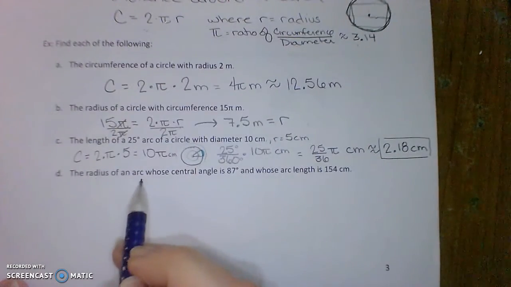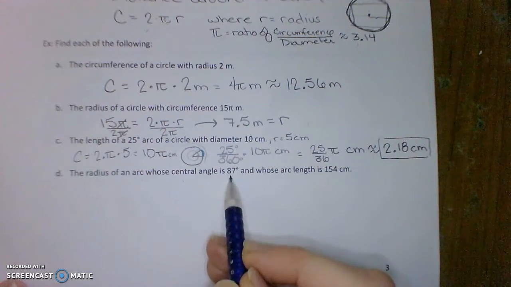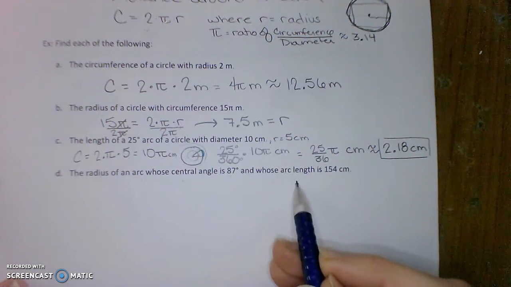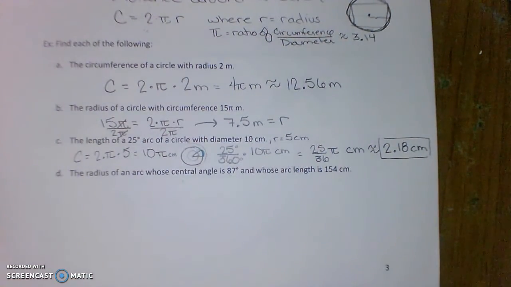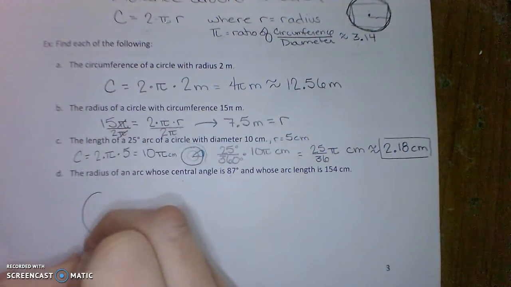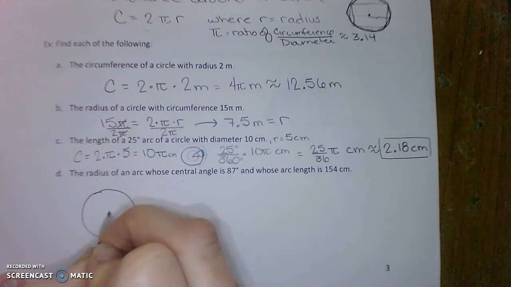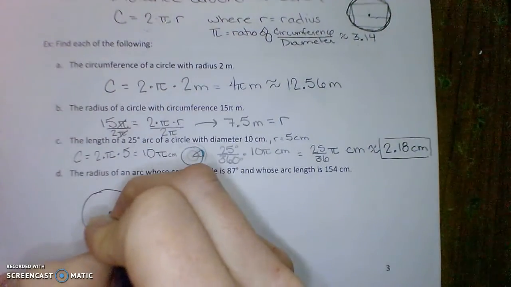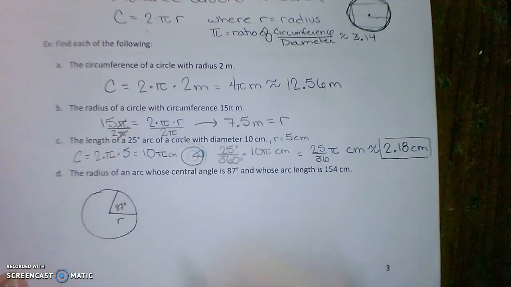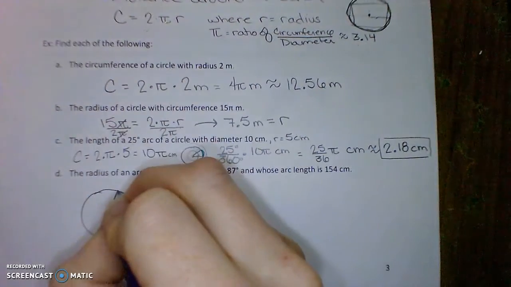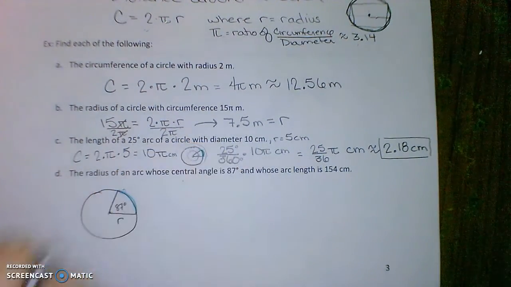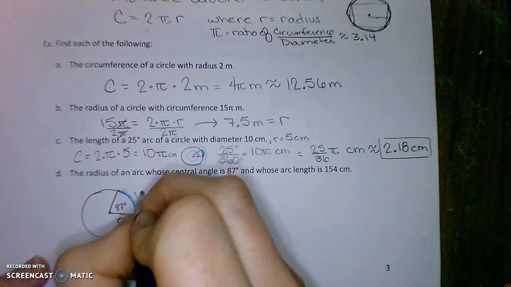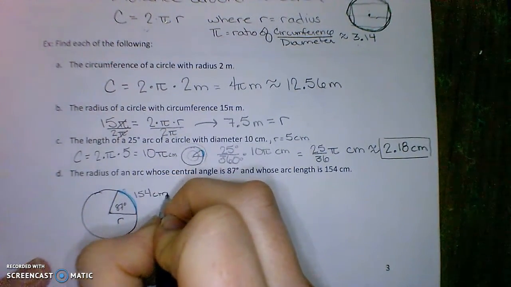Let's find the radius of an arc whose central angle is 87 degrees and whose arc length is 154 centimeters. So it's just like this problem, only thought of a little bit differently. You don't know the radius here, but you know the angle measure is 87 degrees, and you know that this arc length is equal to 154 centimeters.